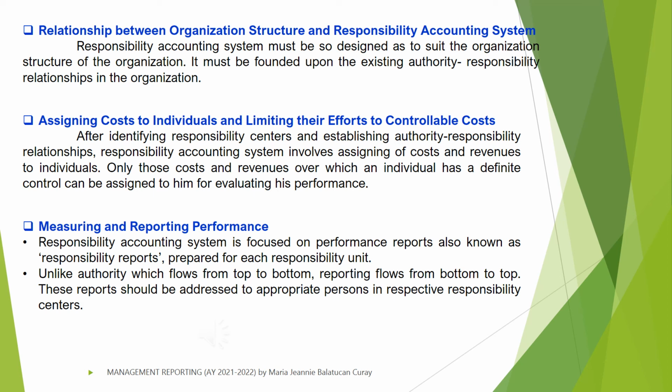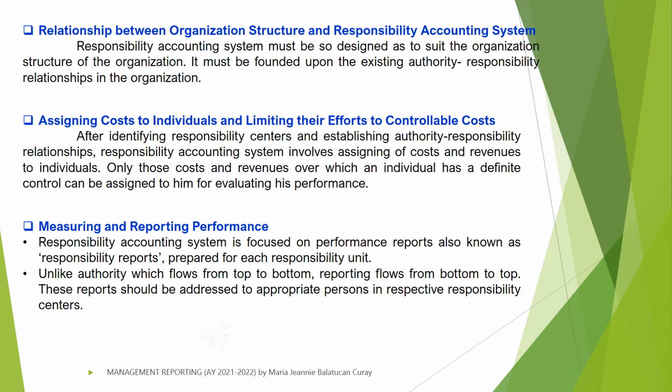Relationship between organization structure and responsibility accounting system. A sound organization structure with clear-cut lines of authority and responsibility relationships is a prerequisite for establishing a successful responsibility accounting system. The responsibility accounting system must be designed to suit the organization structure.